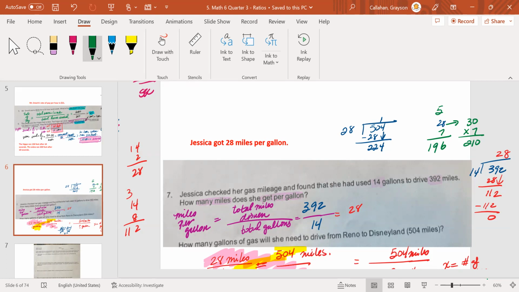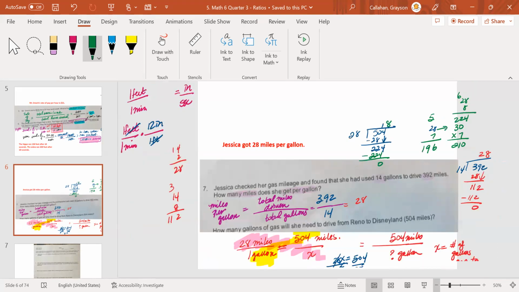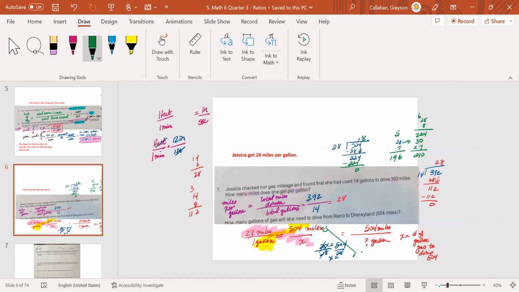I think I go 1 bigger, so let's try 28 times 8. 64, 16. Perfect. 224. So x equals, I'm sorry, 8. 18. So what does that 18 represent?